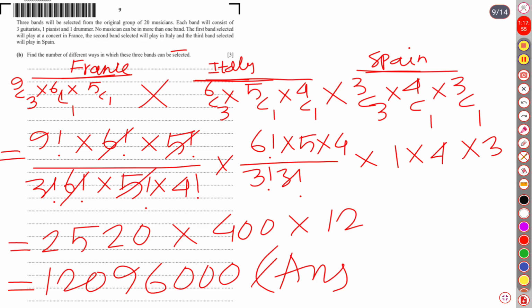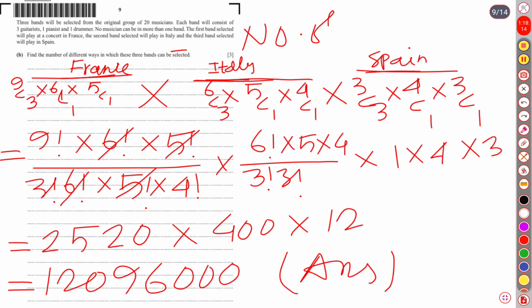Now, a note on writing the answer. We didn't write actually number of selections, so you can write here number of selections is equal to.